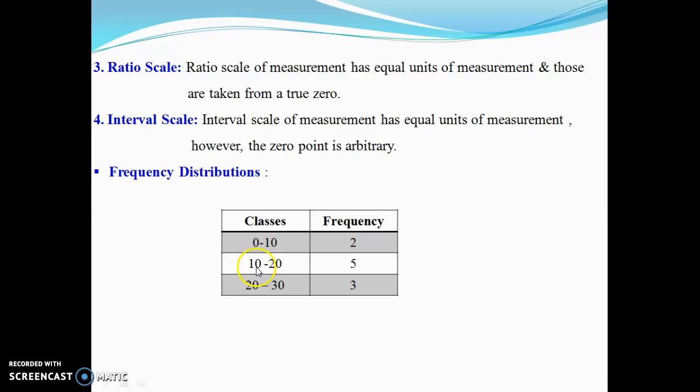Second, 10 to 20, number of students 5, the frequency. And third one, 20 to 30, again 3 students. It means a table containing class intervals along with frequencies is called a frequency distribution.